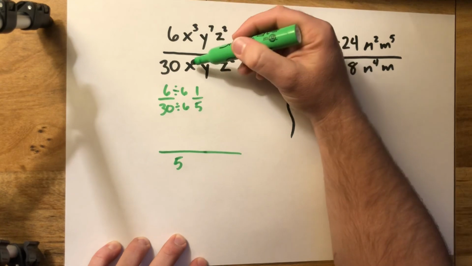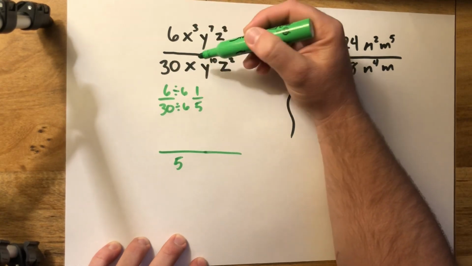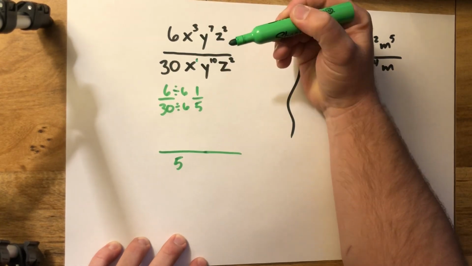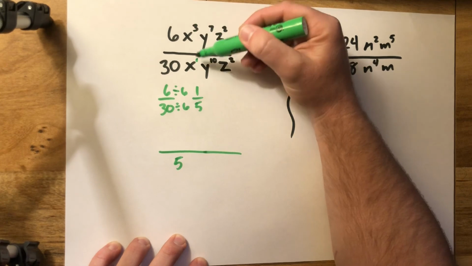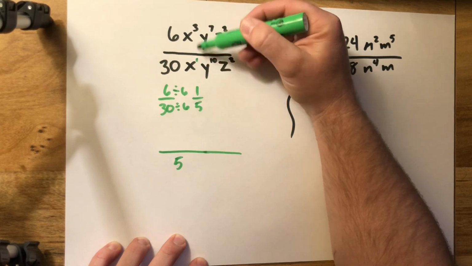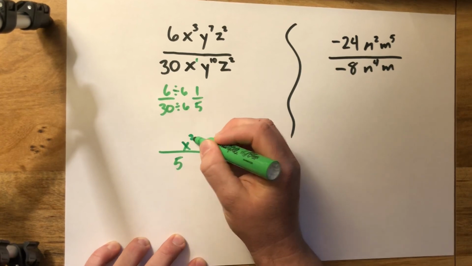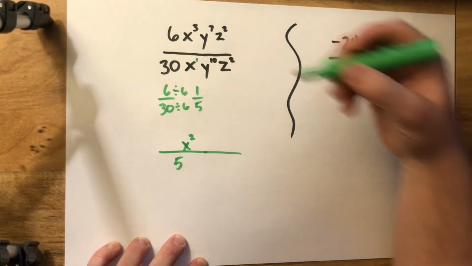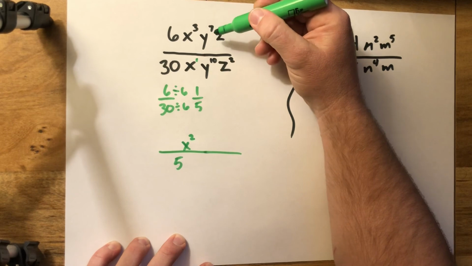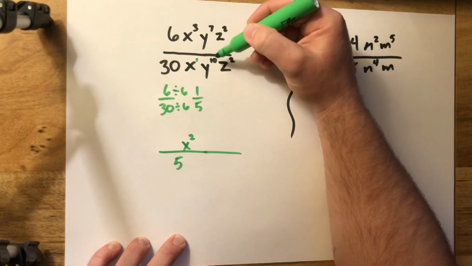Moving on to our x's, again, we have to match up with the variable. Here's an understood 1 right there, x to the 3rd, x to the 1st, 3 minus 1 is 2, so we have x to the 2nd. Here's where we might need the negative exponent property. We have 7 minus 10.